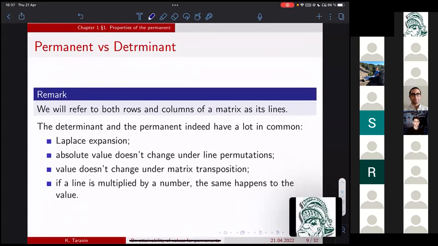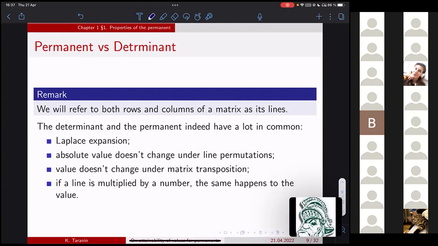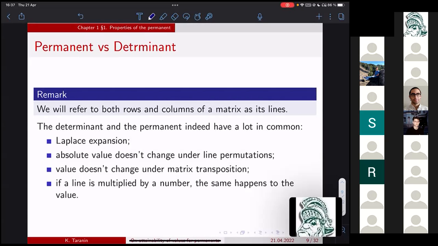But what about calculating the permanent? What if we could calculate it just as quickly as the determinant, in polynomial time, and be done with it? And there would be no point in studying it.